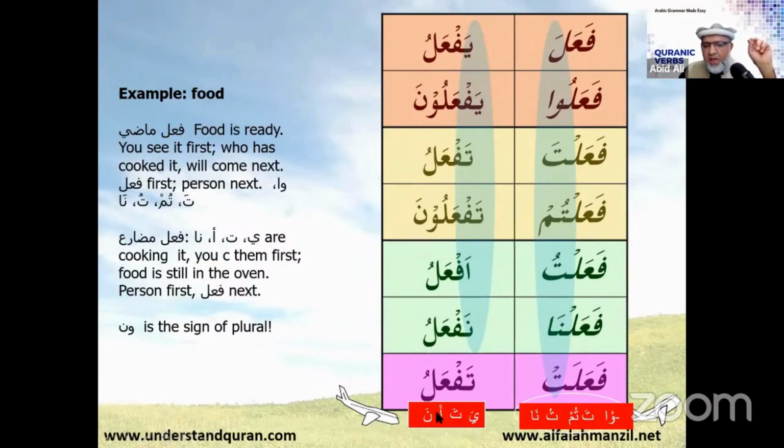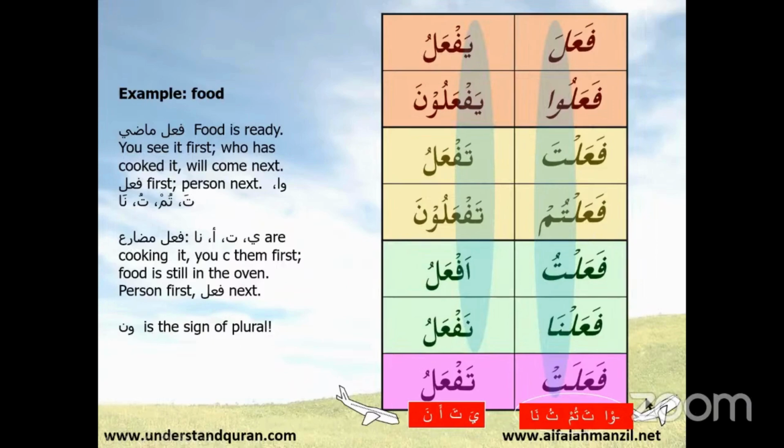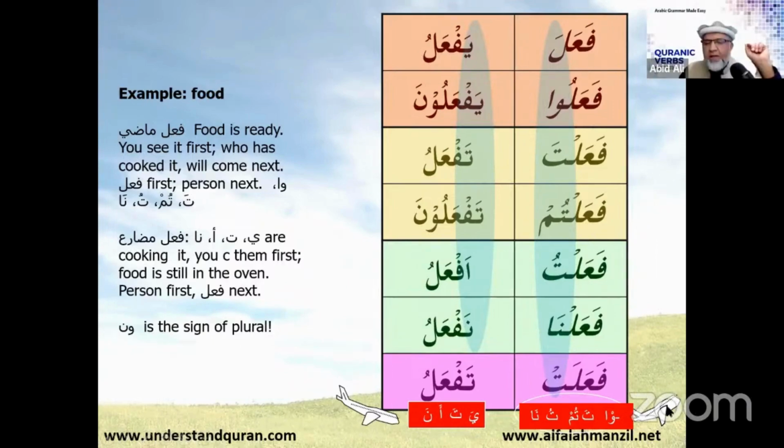Ya, ta, alif, noon. Isn't that the 4 letters we looked at? Yes. And in this you see the picture of the plane, the way we were trying to explain: when the plane is taking off, what do you see? You see the tail of the plane, because it's taking off. So in the Madi, you look at the end. And when you see a plane landing, you see the face of the plane, and that's where you see the Mudare. So this was just an example.